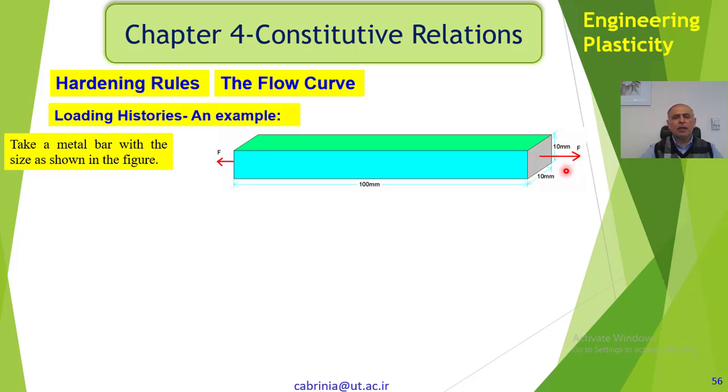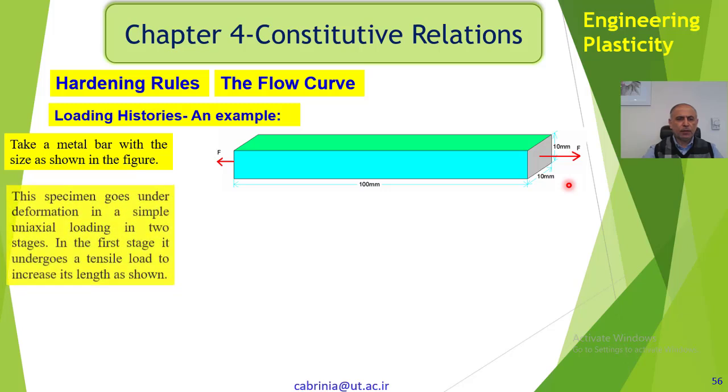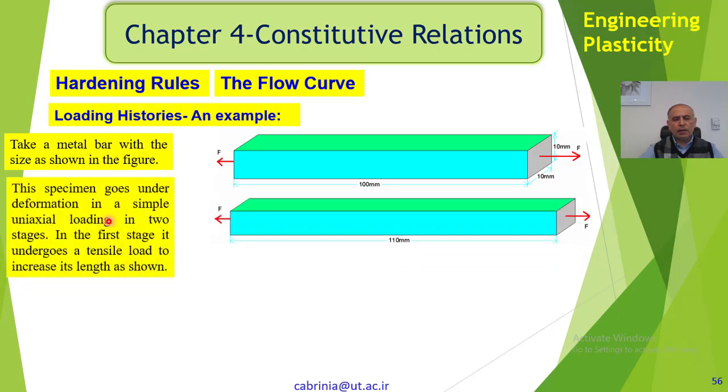And we are applying a force F. Next, this specimen goes under deformation in a simple uniaxial loading in two stages. The first stage is this one. We are applying load F, and it elongates, so the length increases from 100 millimeter to 110 millimeter. Obviously, the thickness and width change because the volume is constant. If the length is increased, this must decrease.